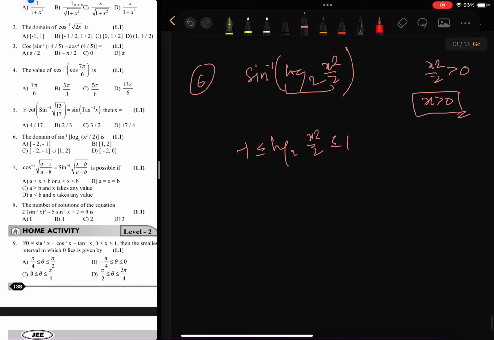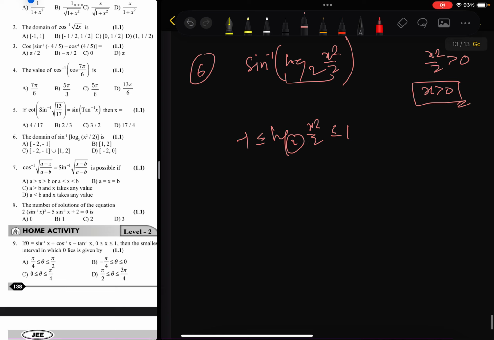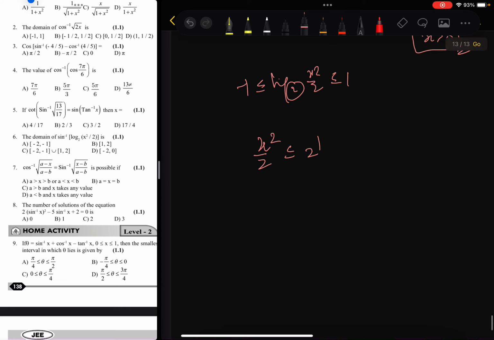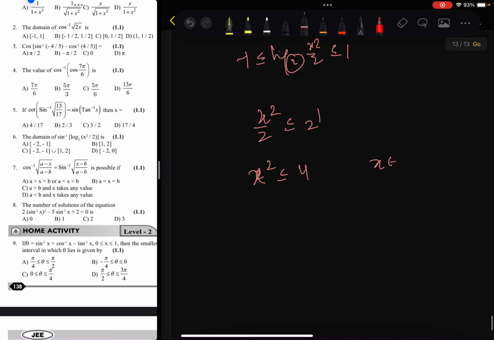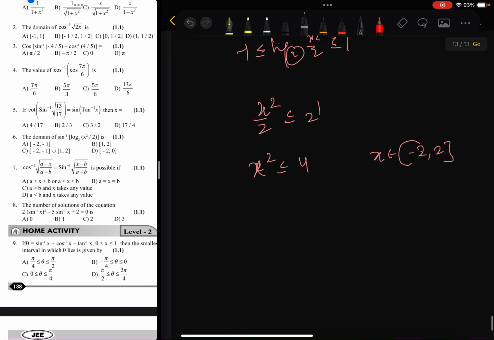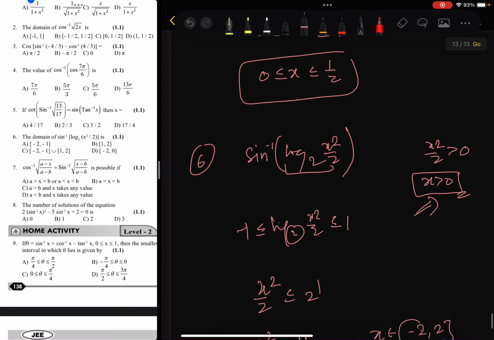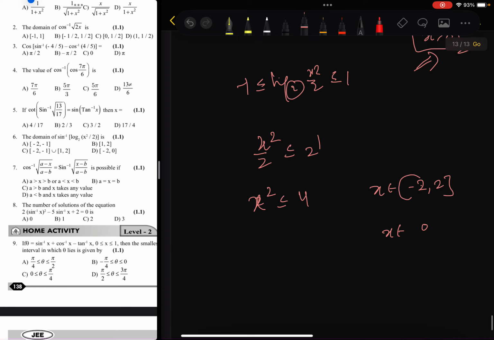Right, so now you can solve this log. As the base is greater than 1, you can write x square by 2 with the same inequality, less than or equal to 2 raised to 1. So you will get x square less than or equal to 4. So here x will lie between minus 2 to 2. As x is greater than 0, that means x will lie between 0 to 2.